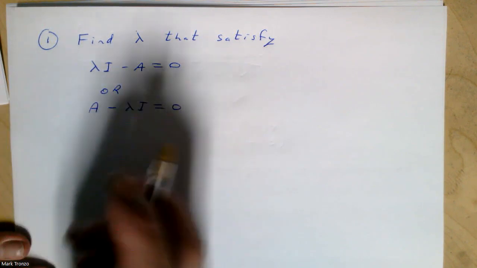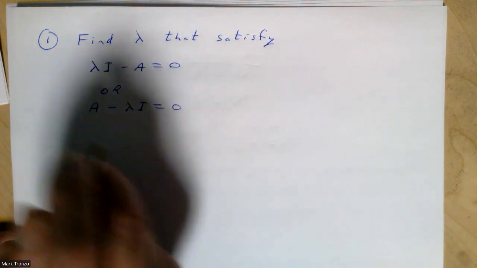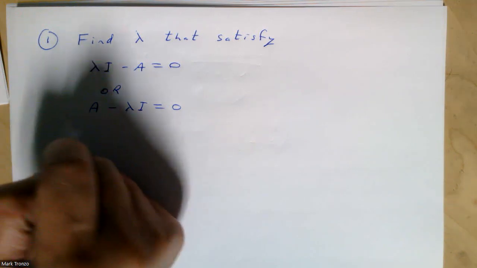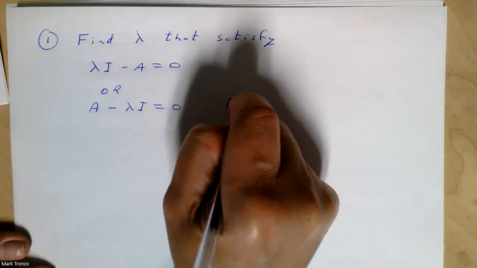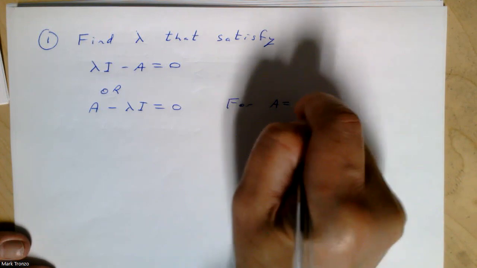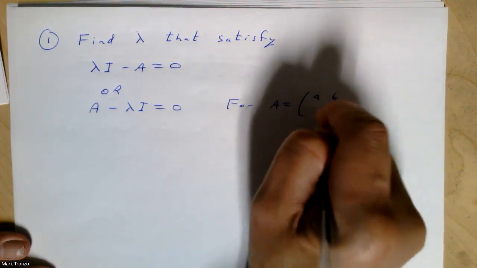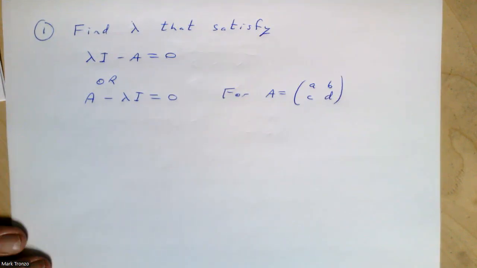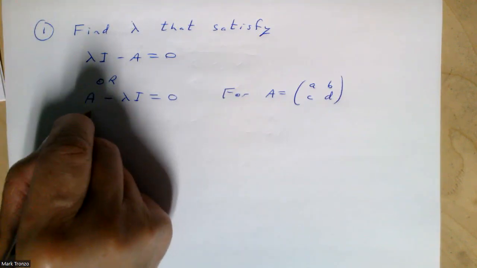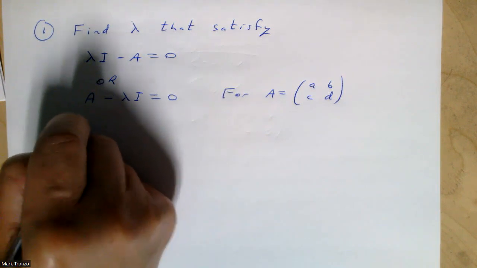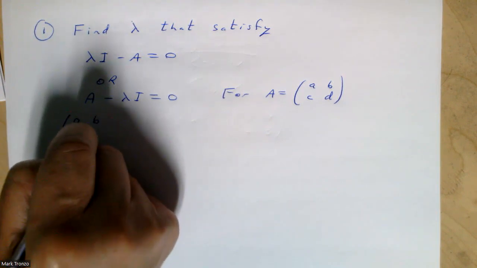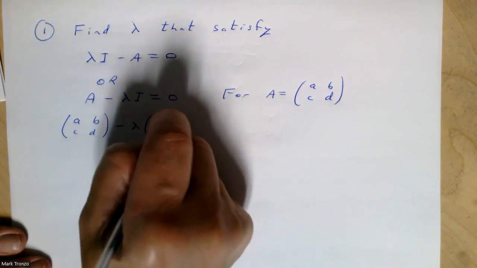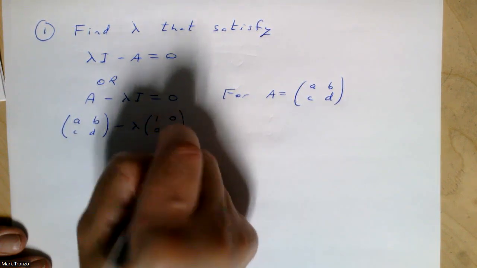So for example, if it's a 2 by 2, let me do it in this order. For A equals small a, b, c, d, we're going to have a, b, c, d minus lambda 1, 0, 0, 1.